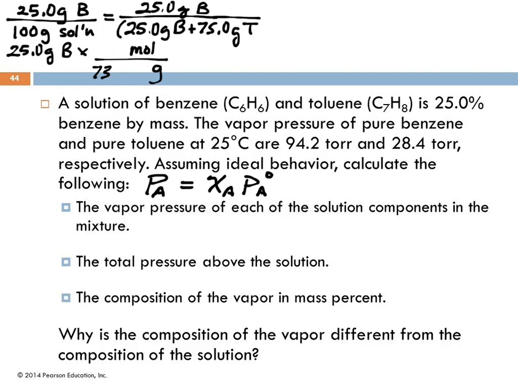And nobody else did it, so, or if they did, 78.114? Yeah. Okay, there we go. 78.114. 25 divided by 78.114. So that's 0.01280 moles. That's only one extra sig fig, but I think it'll be okay here.